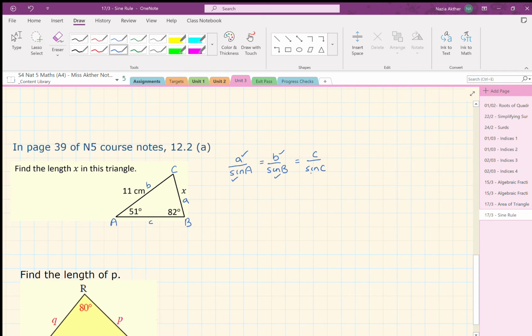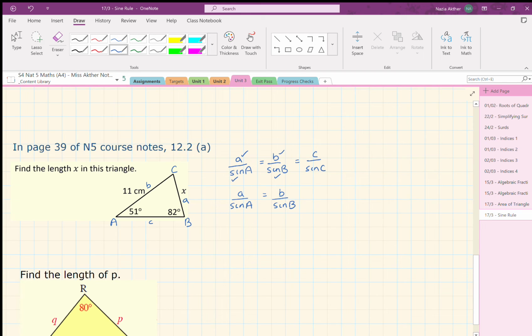Same with sine C. We don't know the angle C, and we don't need sine C, so we don't put a tick next to it either. So the only parts of the formula we need are a over sine A equals b over sine B. It's just those two fractions.